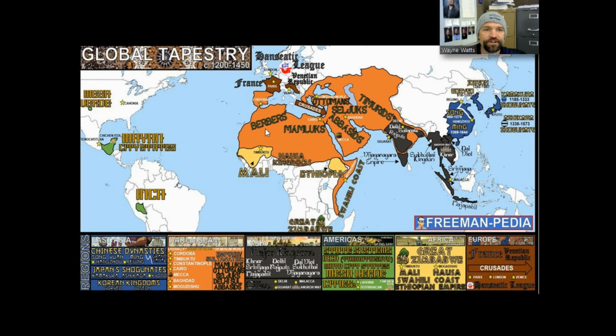In North Africa, there's Berber populations. In West Africa, there's the Kingdom of Mali. In East Africa, there's the Kingdom of Ethiopia that is primarily Christian. In Southern Africa, there's Great Zimbabwe. And in Europe, of course, there's the feudal period. In Northern Europe, that's dominated by the Hanseatic Trading League.